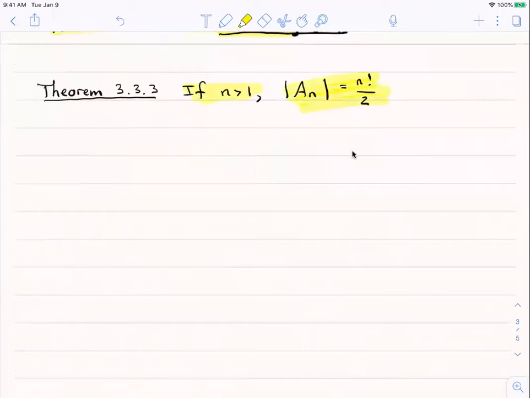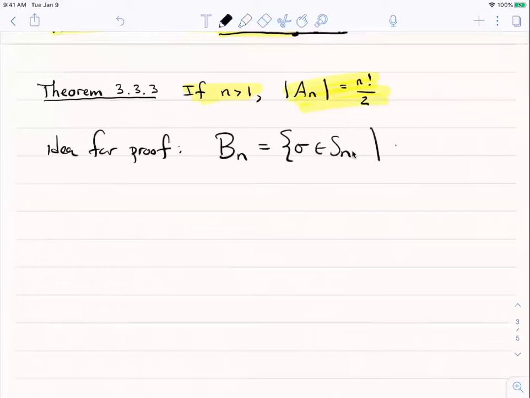So let me give you an idea for the proof of this. We'll talk about it tomorrow. Let's denote by B sub n the permutations in Sn that are odd.